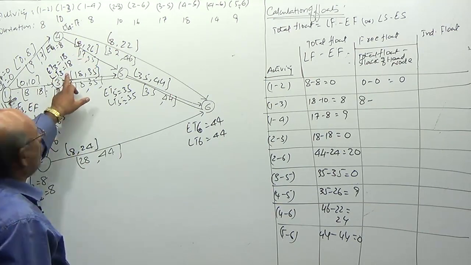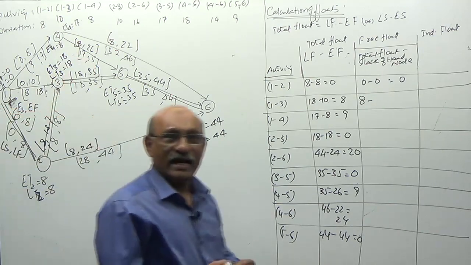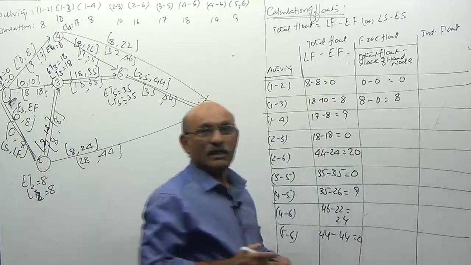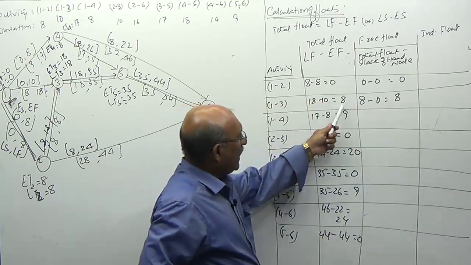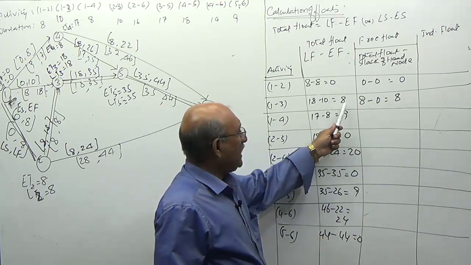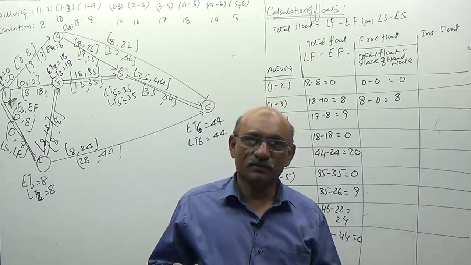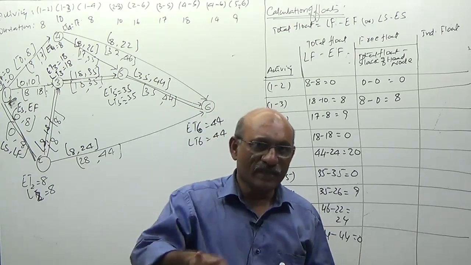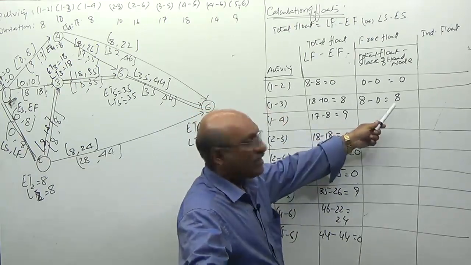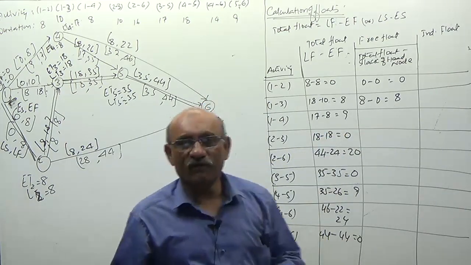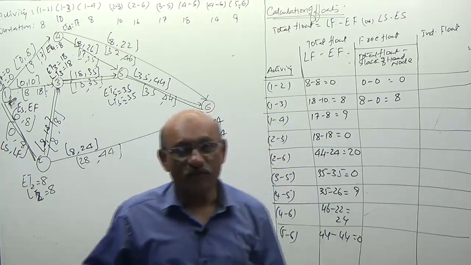There is no slack at all. Slack at the head node is 0. 8 minus 0, 8. It means these 8 days, if this activity uses for itself, even then you can start its next activity at the earliest time. So these 8 days are called free float.